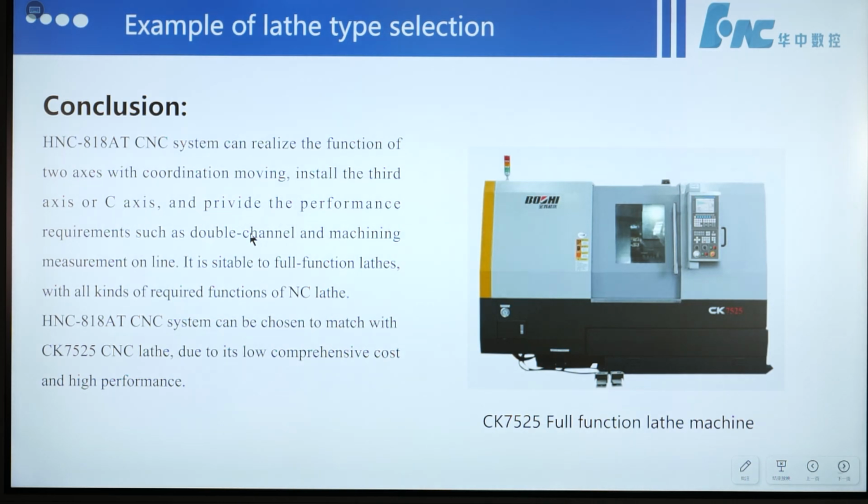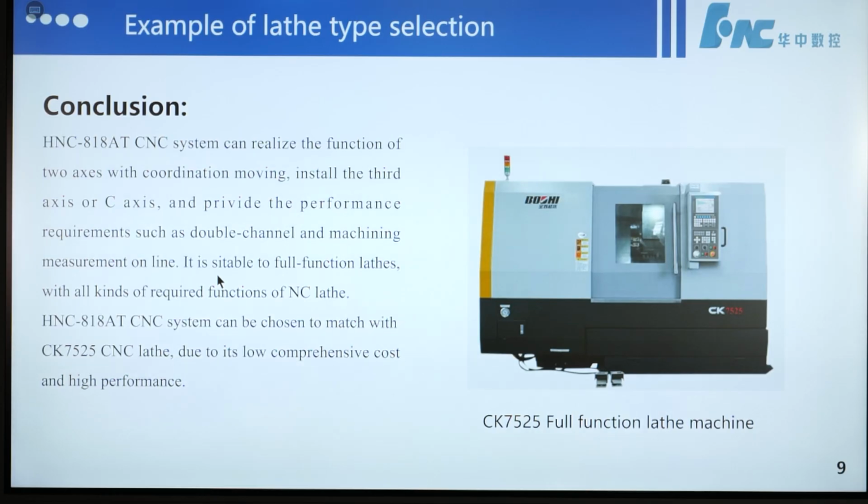So, conclusion: the HNC-818 AT CNC system can realize the function of two axes moving in coordination, install the third axis or C-axis, and provide performance requirements such as double channel and online machining measurement. It is suitable for full-function lasers with all kinds of requirement functions of NC laser.